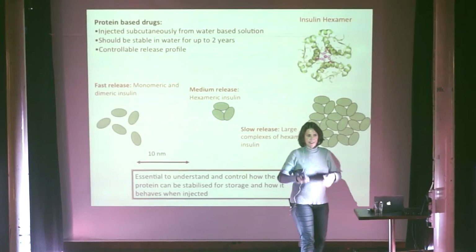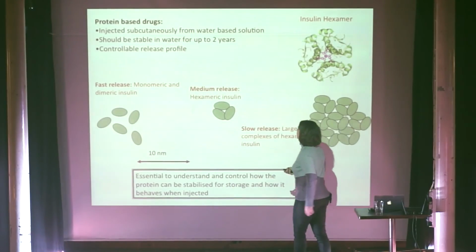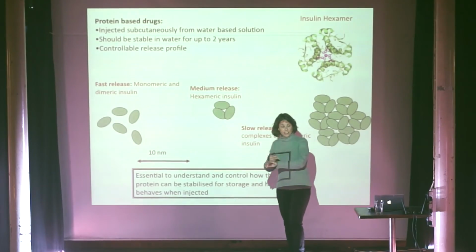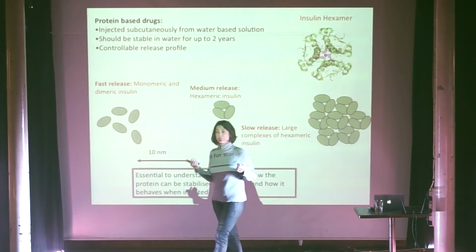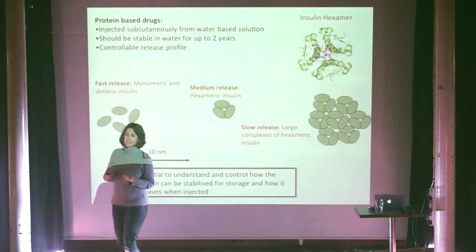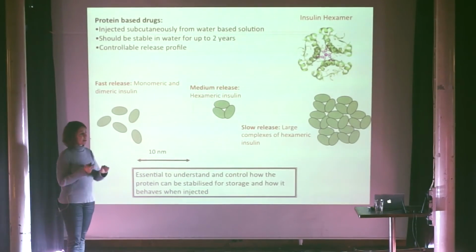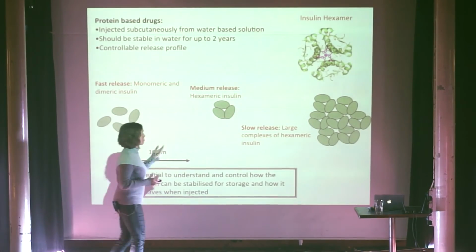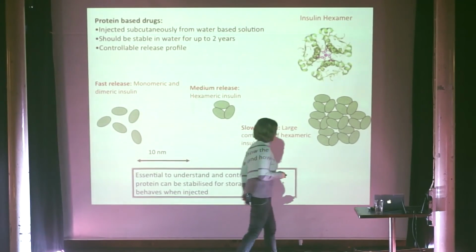So you have to be safe after 2 years also. That's a challenge. And then the hard bit comes, because then when you inject the insulin, you would also like to control how fast it works. Because if you're a diabetic patient, it's not very nice if you have to go and inject all the time. So it would be nice if you only had to inject maybe once per day or once per week or something like this.